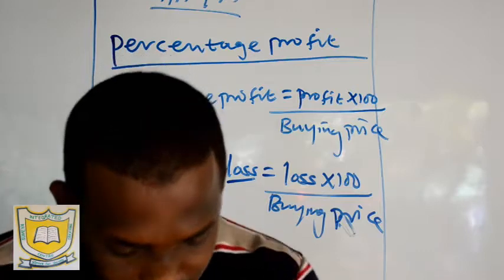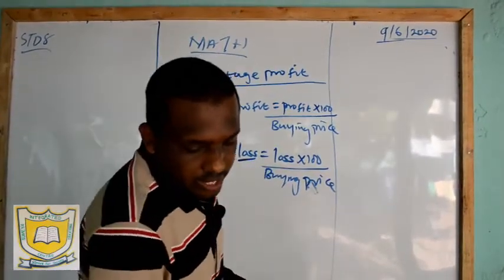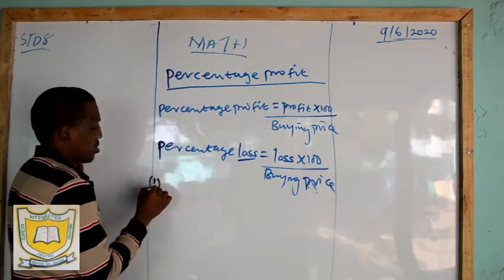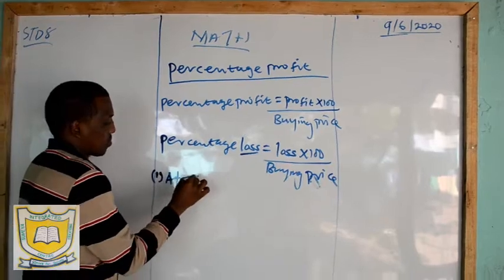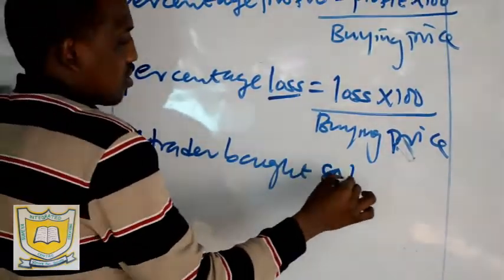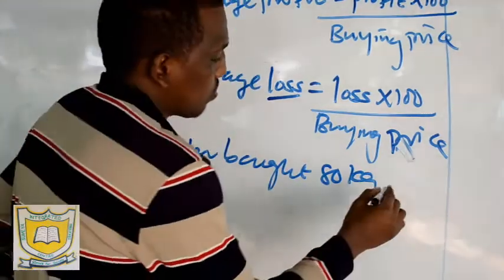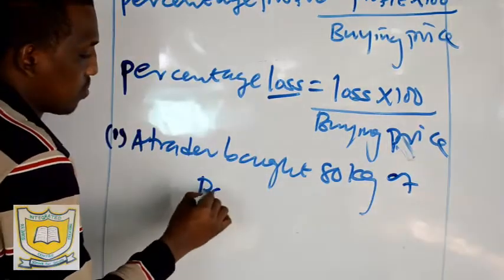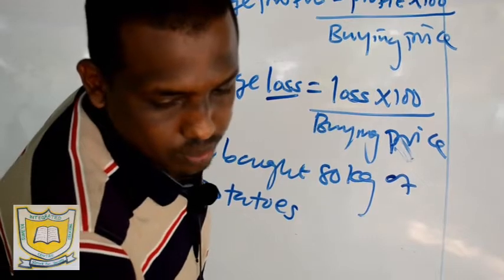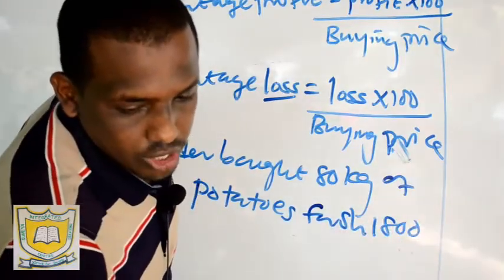So let us see some questions from here. You are told a trader bought 80 kgs of potatoes for shillings 1,800.